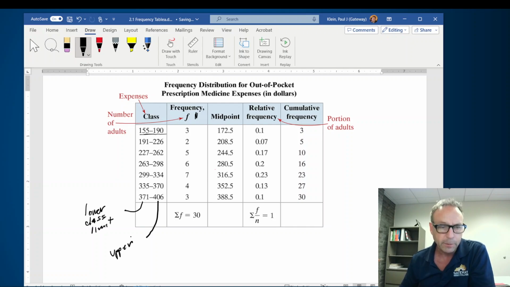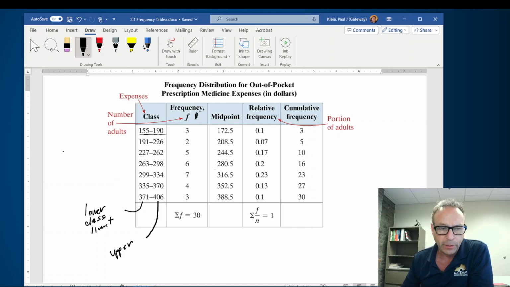So these are the classes, and in this case there are 1, 2, 3, 4, 5, 6, 7 classes. These are the lower class limits, these are the upper class limits, and these are the number of data points that fall in those classes. Does that make sense?